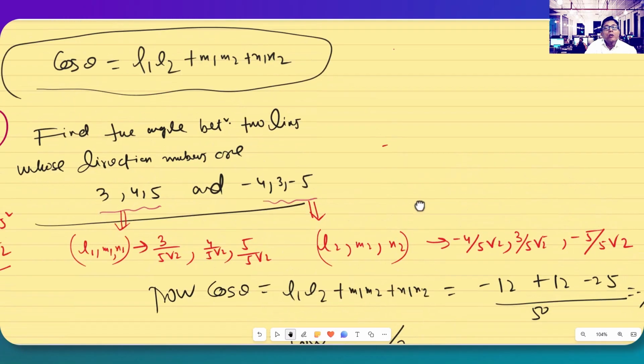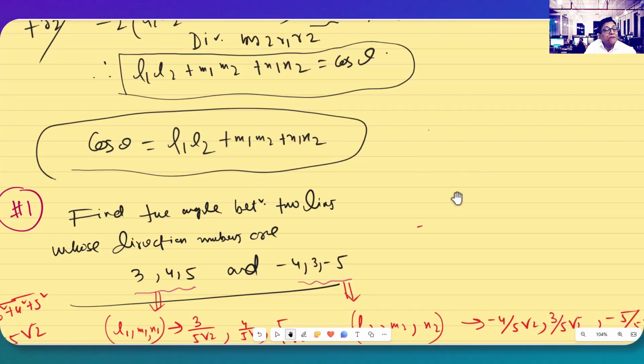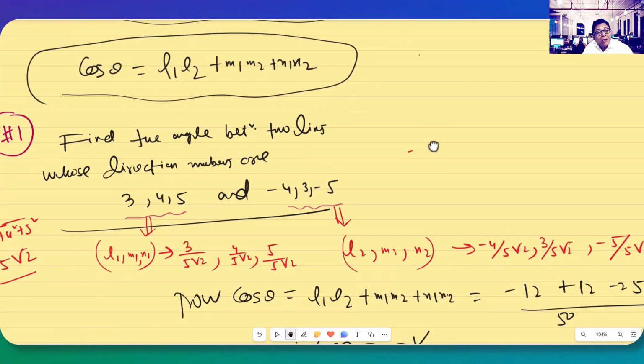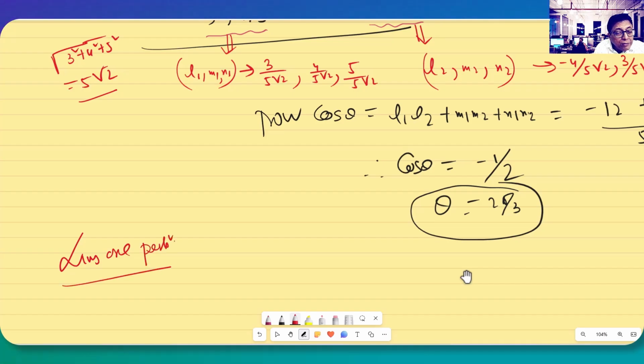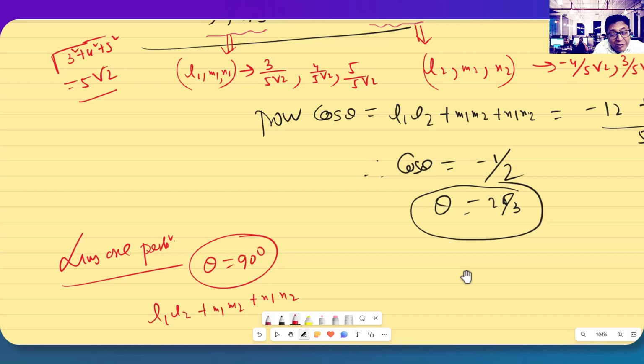So if we know direction cosines, we can find the angle between two lines or two vectors. Now, if two lines are perpendicular, cos theta you got. Lines are perpendicular when theta equal to 90. So theta 90 means L1 L2 plus M1 M2 plus N1 N2, cos theta, that is going to be 0.